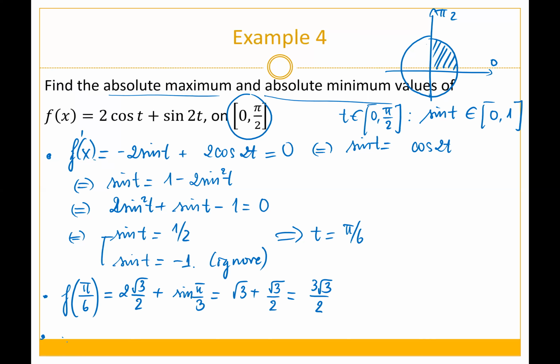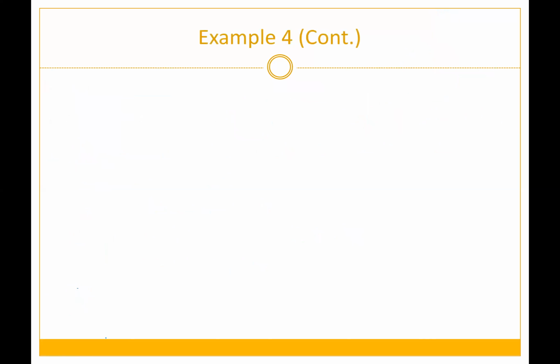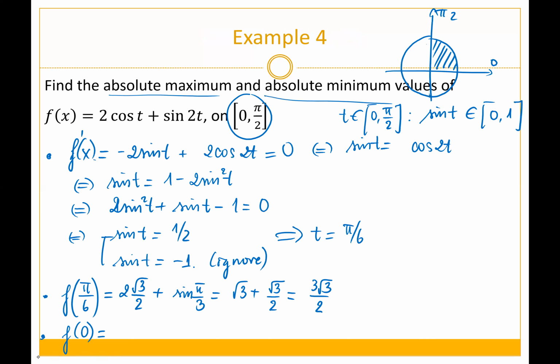Now at the edges, f of 0 is 2 plus 0, so it's 2. And f of pi over 2 is 0. So we have three values to compare: 3 square root of 3 over 2, 2, and 0.